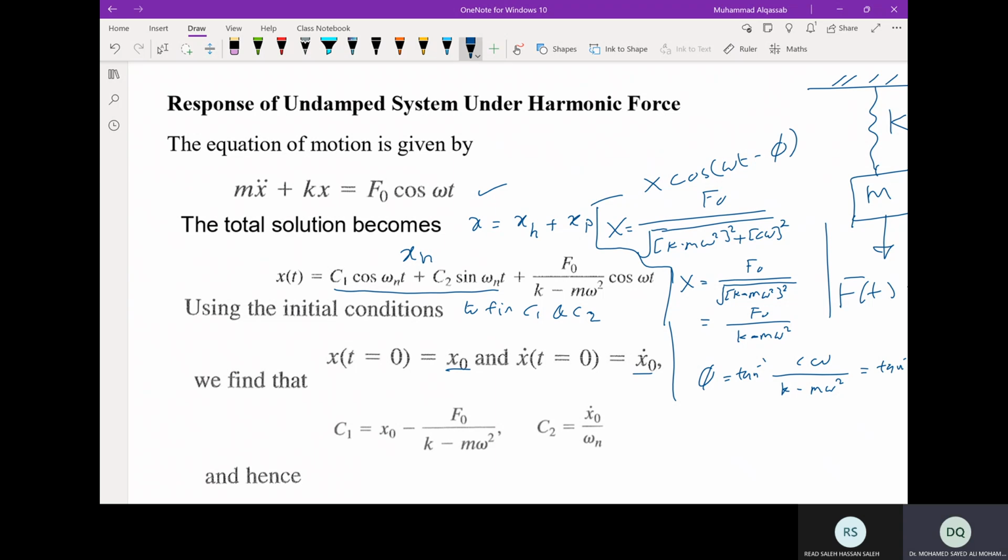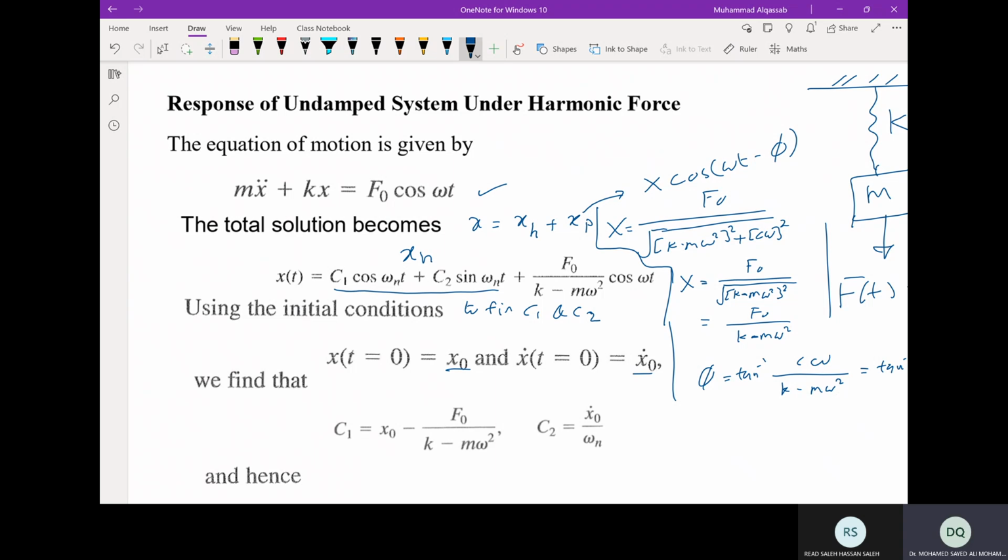The particular is X cosine omega t minus phi, and X in general is given as f naught over the square root of (k minus m omega square) squared plus (c omega) squared.